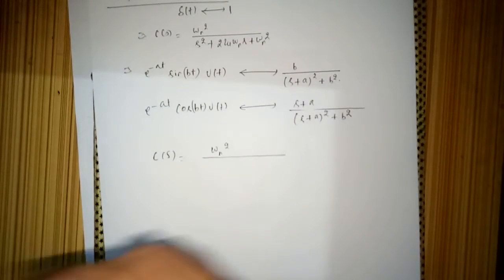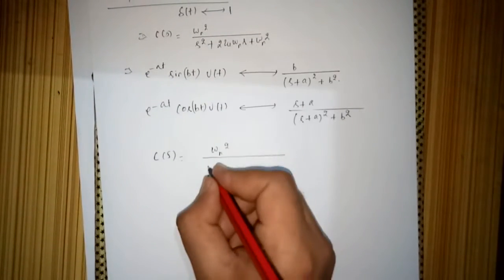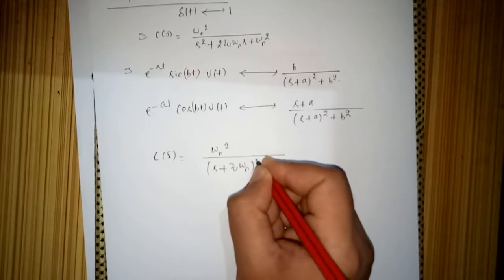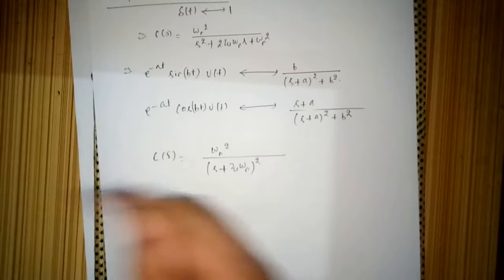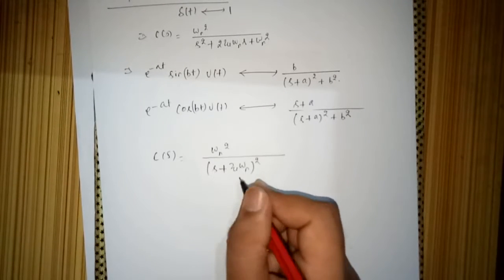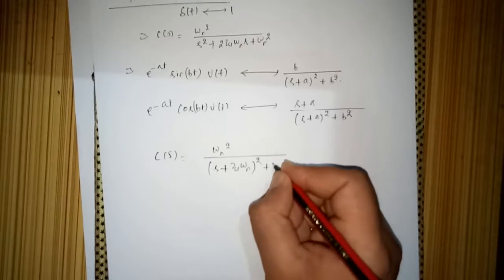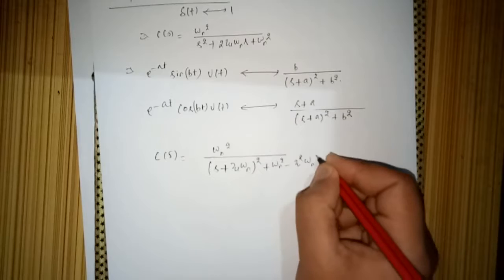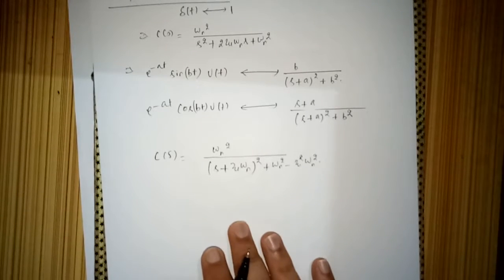What I can do is write (s plus zeta omega n) square. So when I do this, I am adding zeta square omega n square additionally, so I can write omega n square minus zeta square omega n square, right?